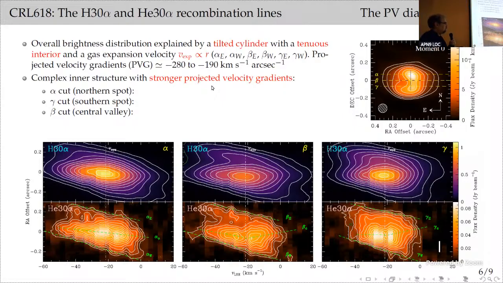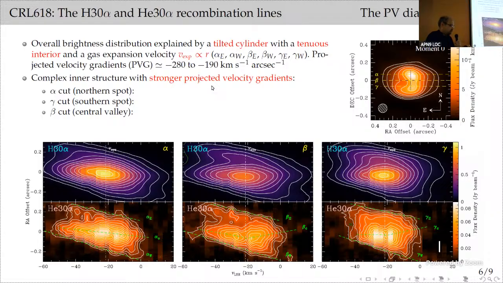So this one, that is here and here as well. So this implies that it's likely that we have an overall structure that surrounds the emission region. This structure can be thought to be more or less a cylinder that is inclined with respect to the plane of the sky.